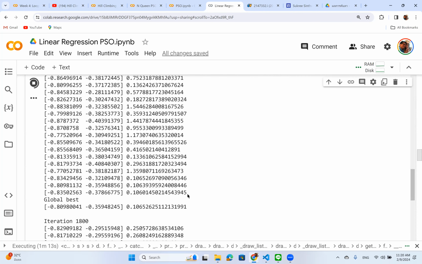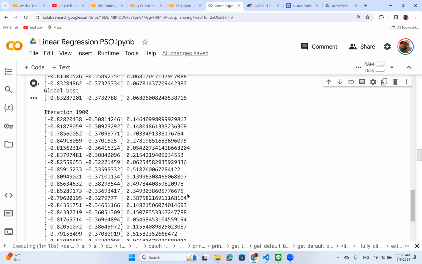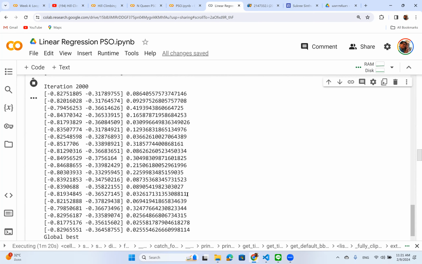So you can see that I print every 100 iterations, and it becomes lower and lower.